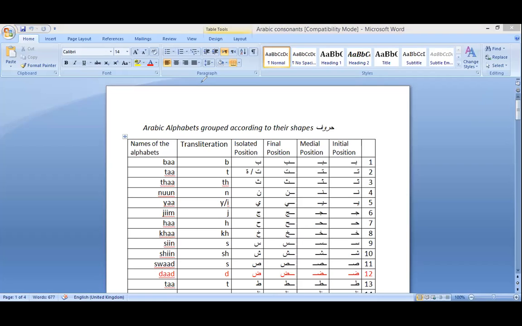Okay, before we discuss each and every alphabet, let me say first, Arabic has 28 consonants. Are you able to see my writing?